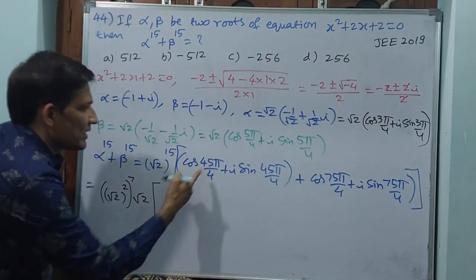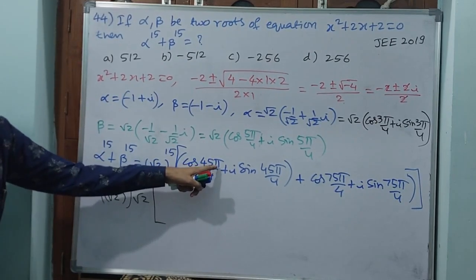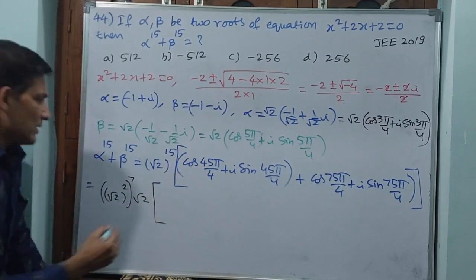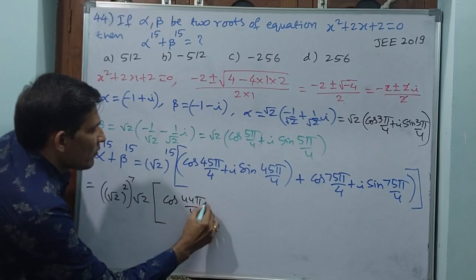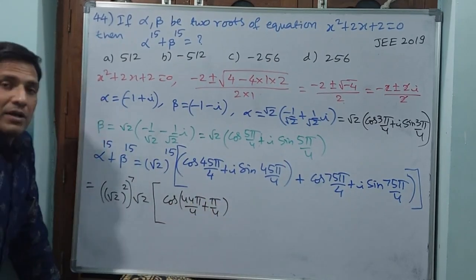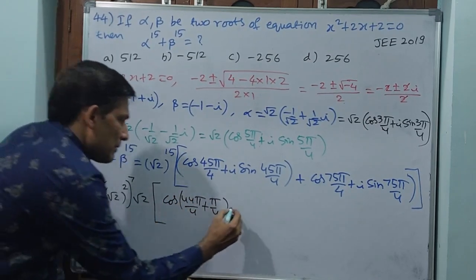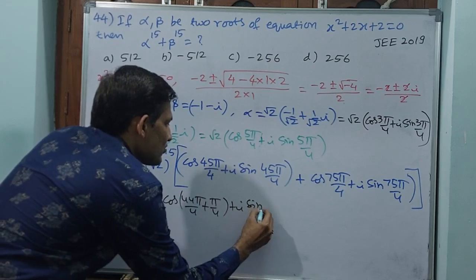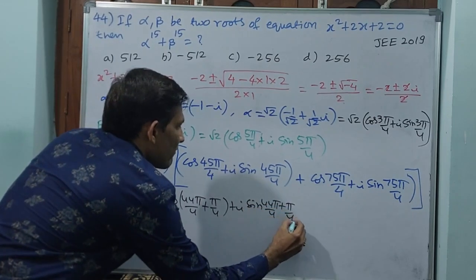Now go for here, cos 45 by 4: shall I take 44 pi plus pi by 4? Right, definitely, write down. Cos 44 pi by 4 plus pi by 4, since 44 plus 1 is 45 pi by 4. Plus i sin, same, 44 pi plus pi by 4 by 4.